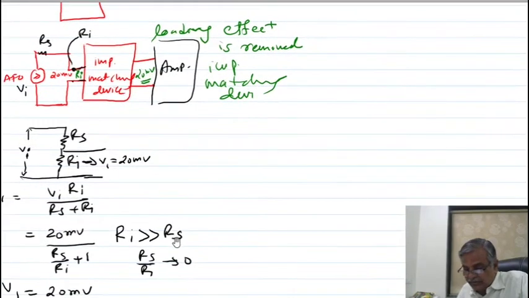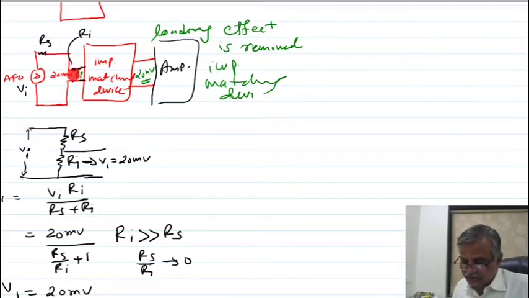For your knowledge, the source resistance for any AFO is either 500 ohm or 600 ohm. So here this is 500 ohm, this is mega ohm, so this tends to 0. So your V1 voltage is 20 millivolt, and you remove your loading effect.